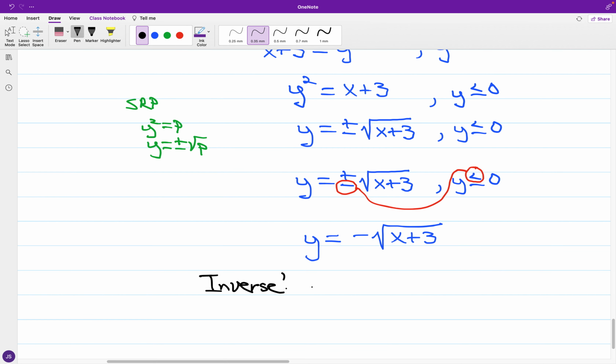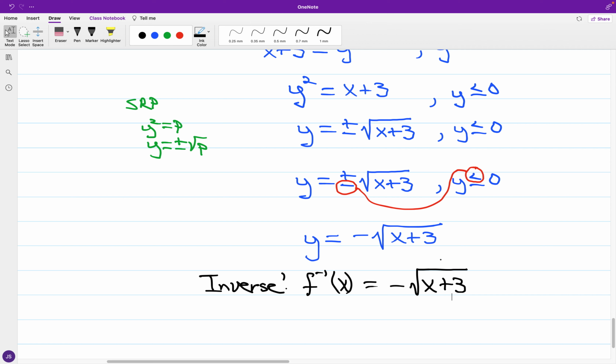And so for the inverse function, this can be equal to the negative of the square root of x plus 3.